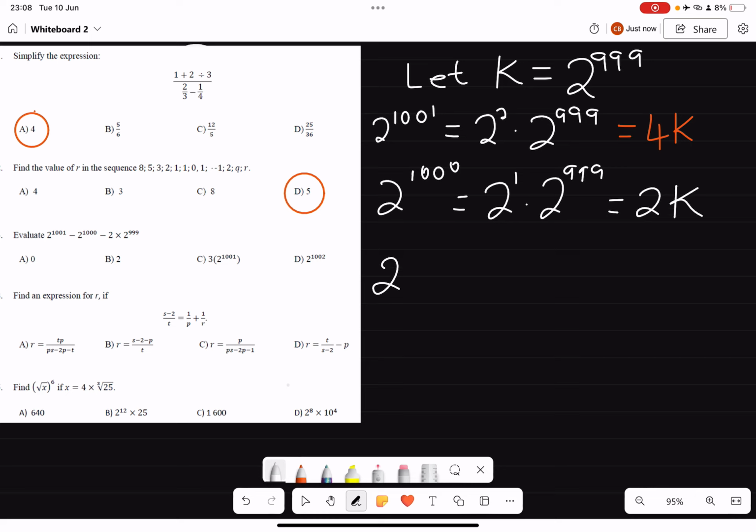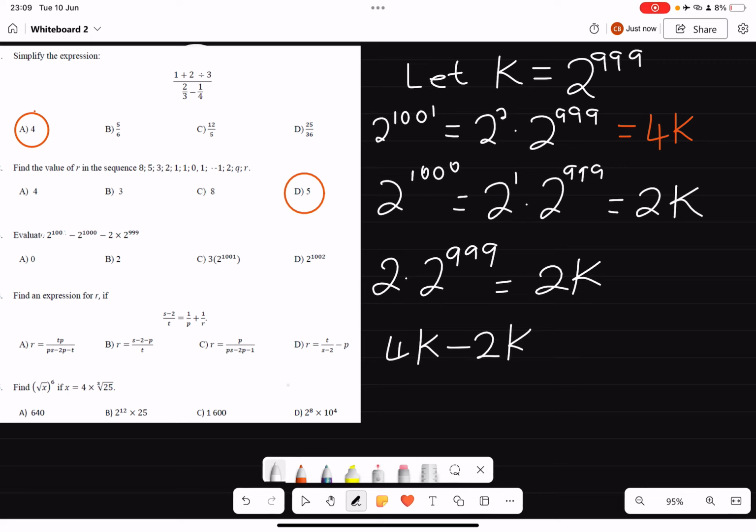Then we have 2 times 2 to the power 999, which will just be 2k as well. Now we're going to substitute back. You can see that the first term is 4k, minus the second term. I put a minus because there's a minus there. The second term is 2k.